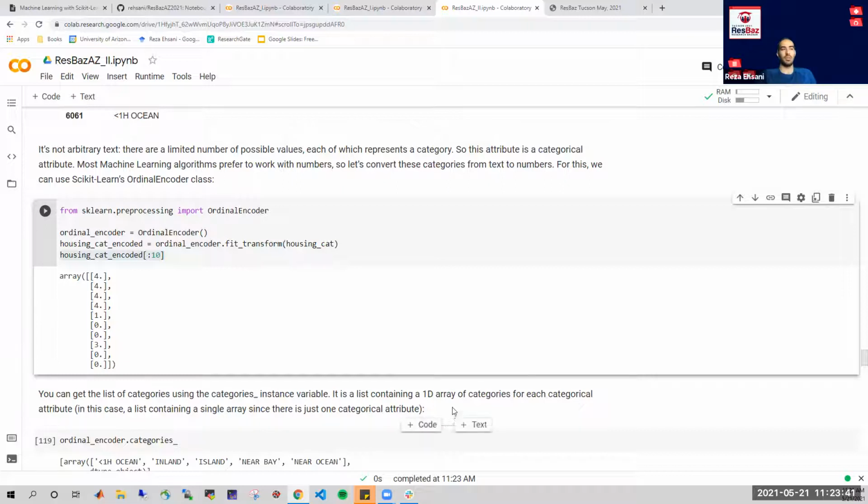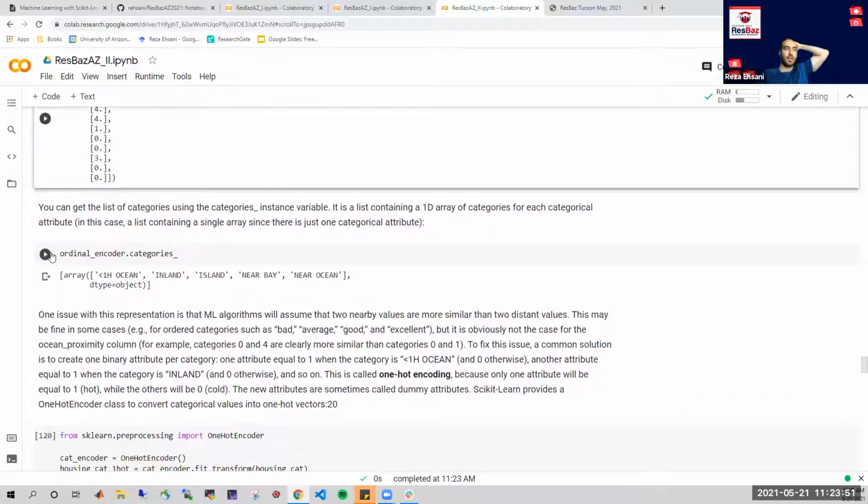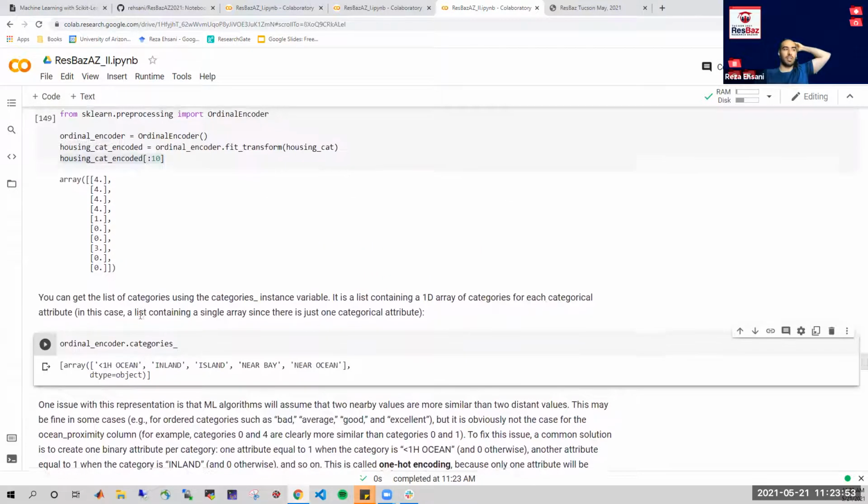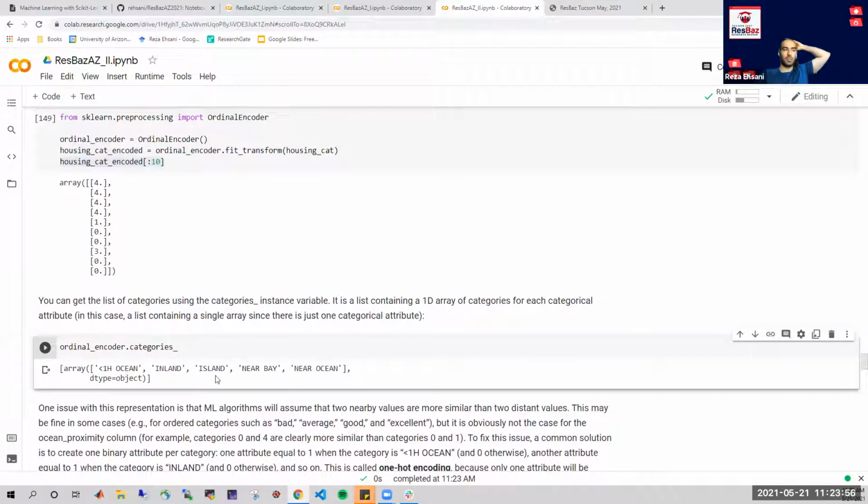It is a list containing a 1D array of categories for each categorical attribute. In this case, the list contains a single array, since there is only a single categorical attribute. And this is equivalent to these values: ocean, inland, island, near bay, and near ocean: 0, 1, 2, 3, and 4.